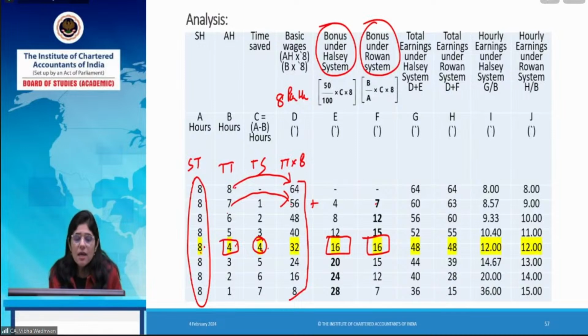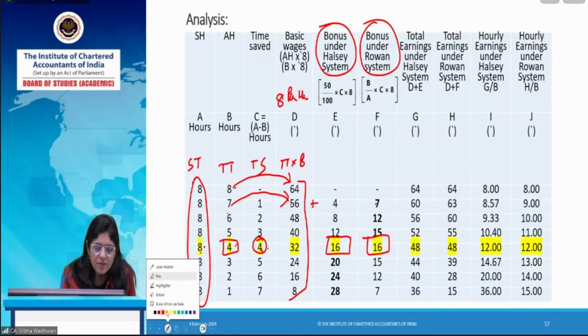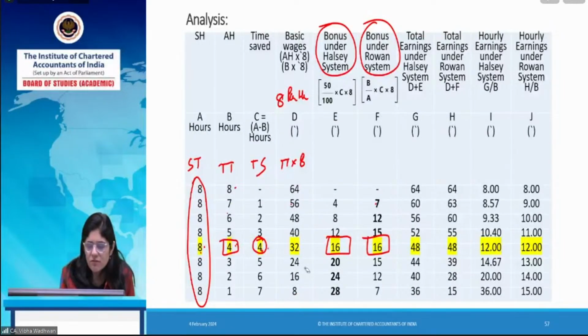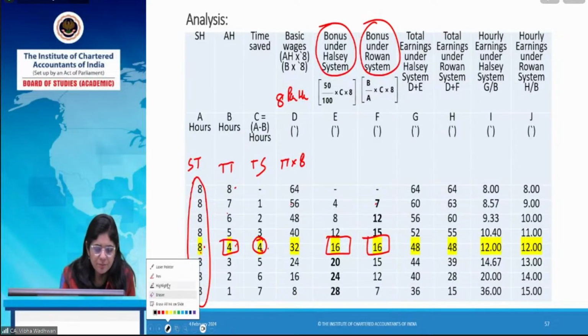But see, till you reach the 50% level, that means if time taken is more than 50%, please listen very carefully. I'm erasing the rest of the thing so that you understand.